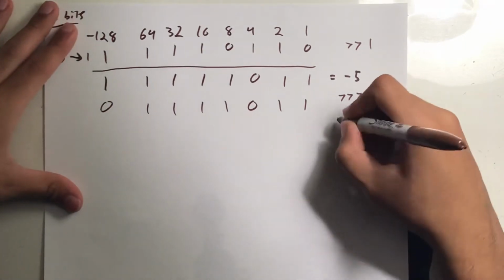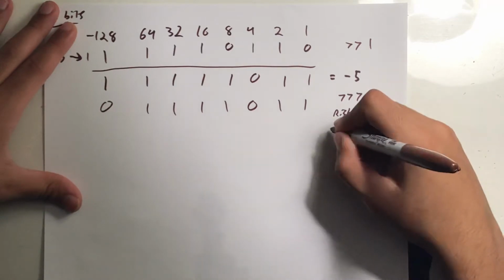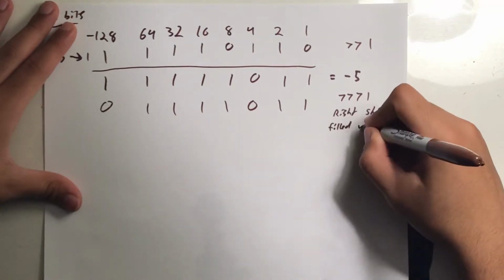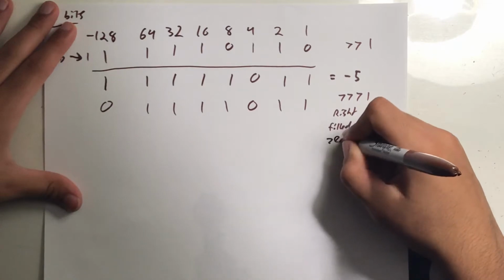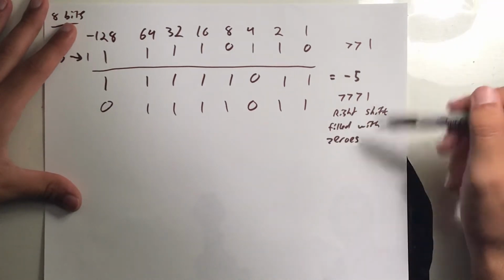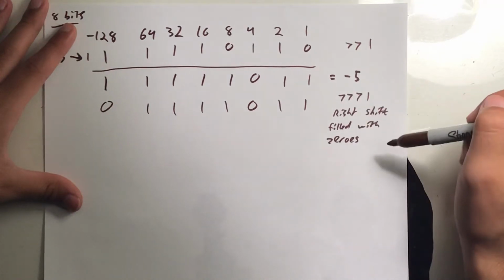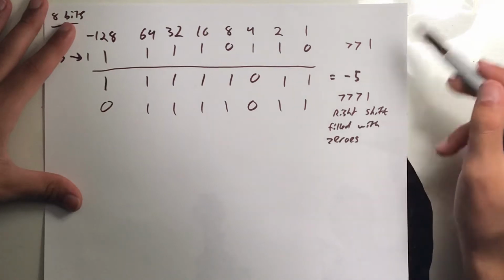So let me write that down. Right shift filled with zeros. That may be a good way to memorize what the 3 greater than signs do. You right shift and you fill up with zeros always.